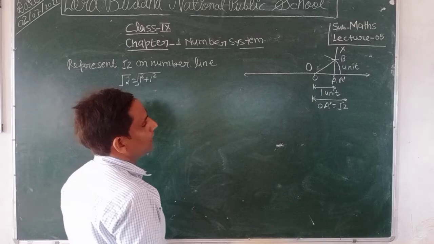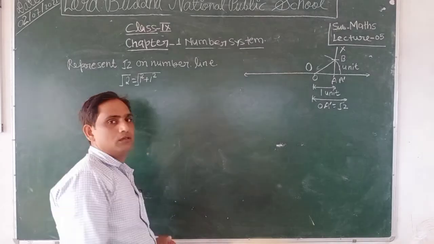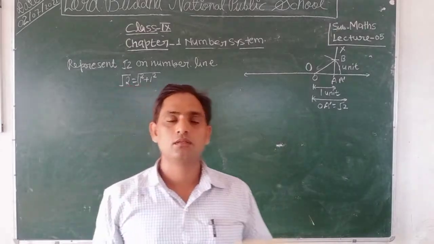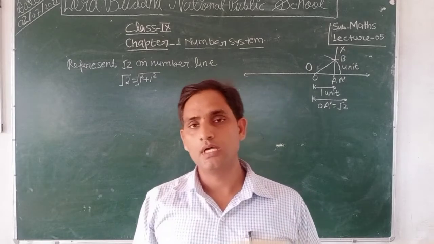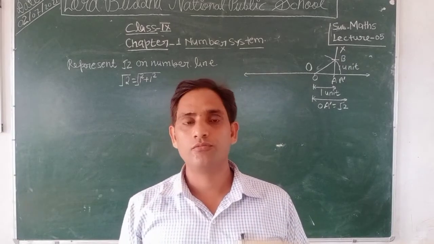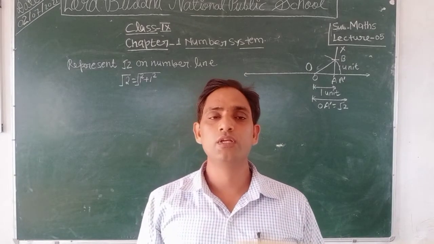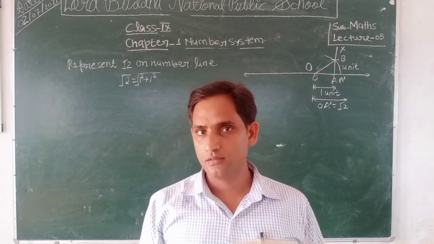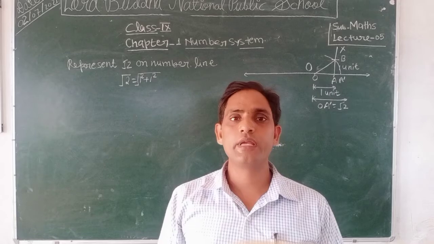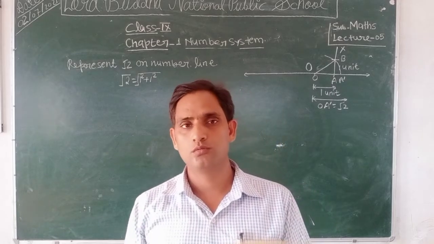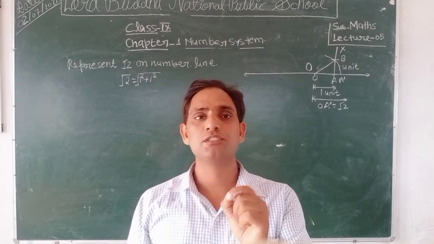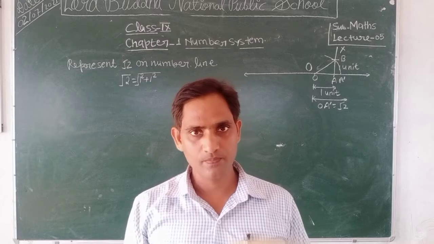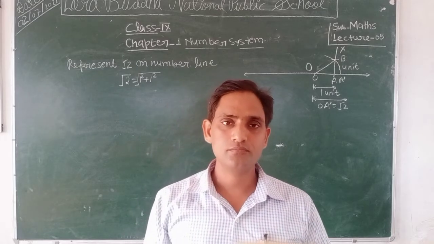Clear? How do we represent a given irrational number on the number line? First of all, we draw a straight line and take a point O, which represents the 0 position on the number line.